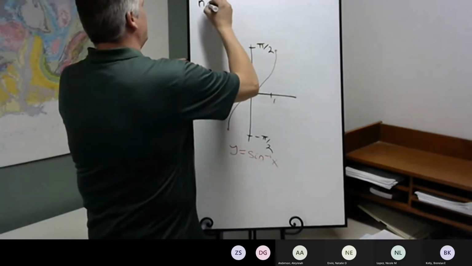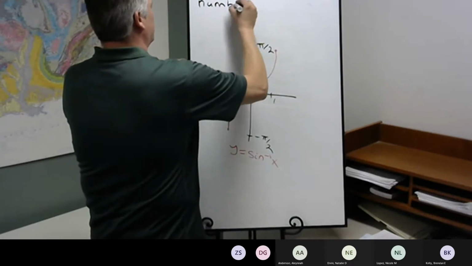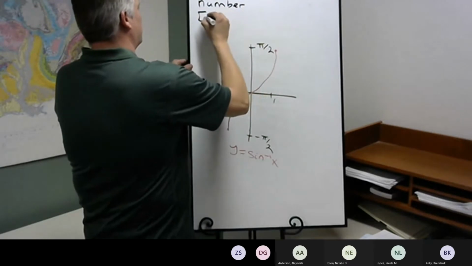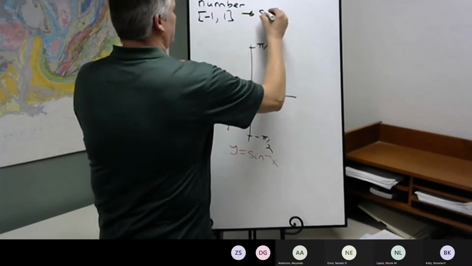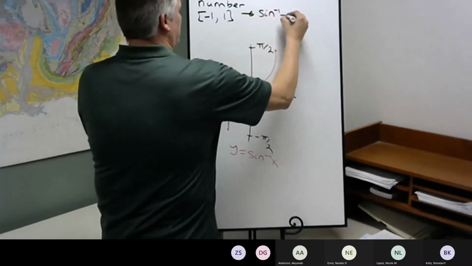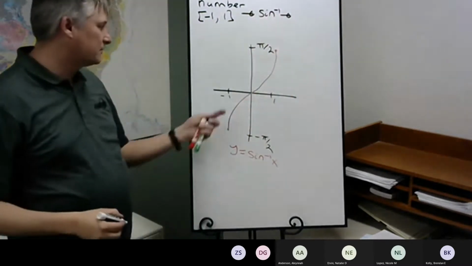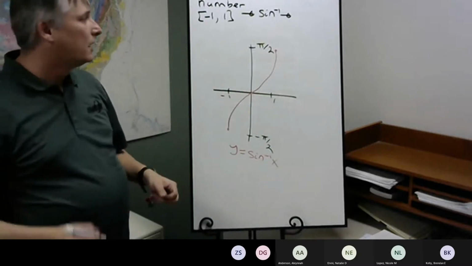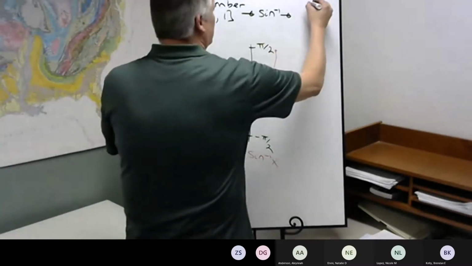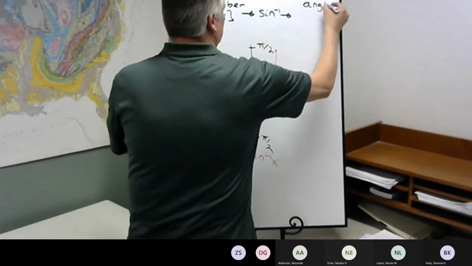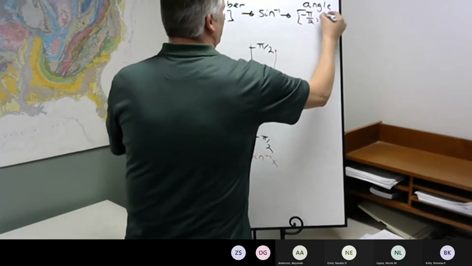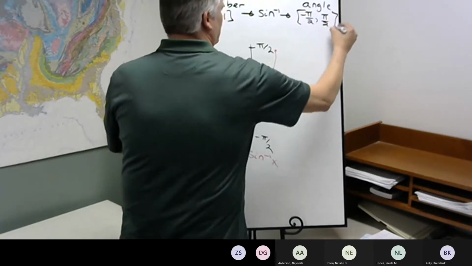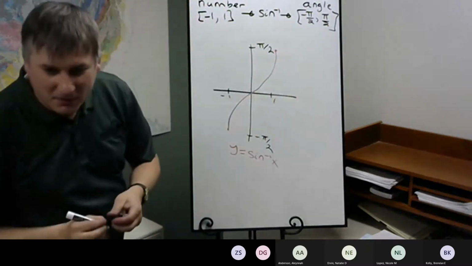If you input a number from -1 to 1 into the sine inverse, you're going to get an angle from -π/2 to π/2.